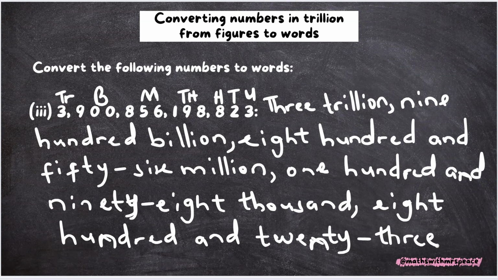So let's read that out. That's 3,900,856,198,823. So that's it on how to convert numbers in trillions from figures to words.